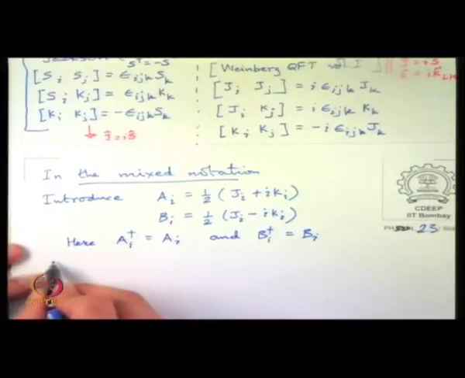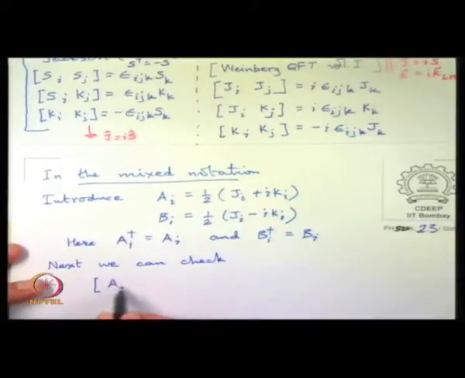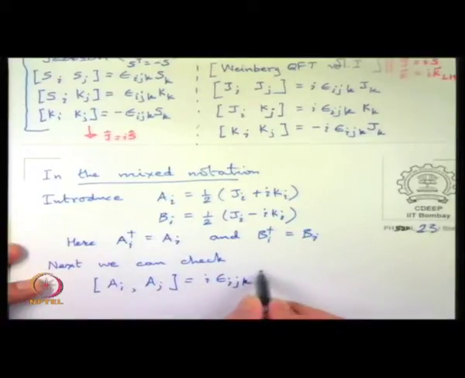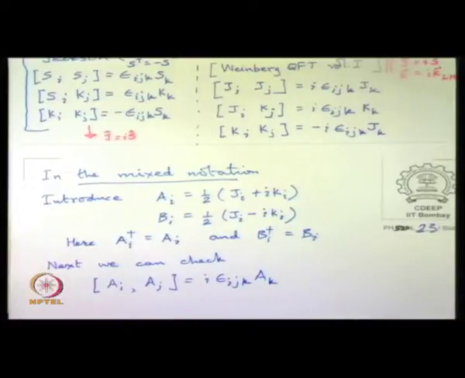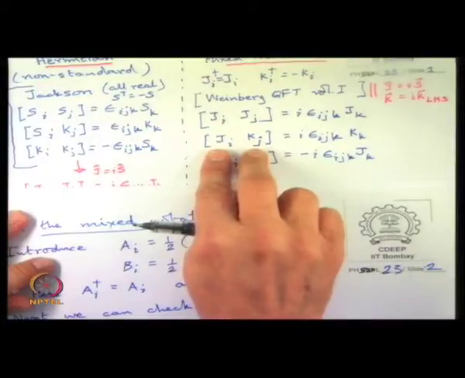Now if you work out that the A_i will produce i epsilon_ijk A_k, and we did this last time, except that the only thing was last time I was writing the kj commutator and not the jk commutator, so there is a sign change, but otherwise it's the same.